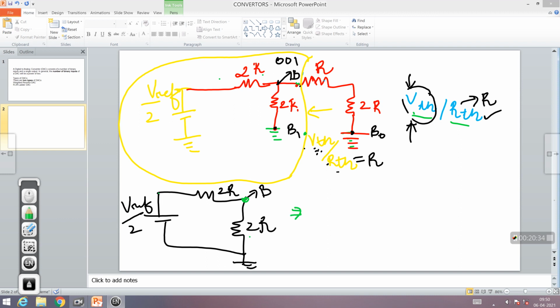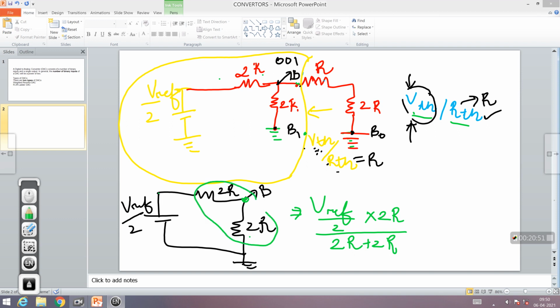So using my voltage divider rule, what I will get is Vref by 2 multiplied by 2R divided by 2R plus 2R, because this voltage Vref by 2 is being applied across the series combination of 2R and 2R.